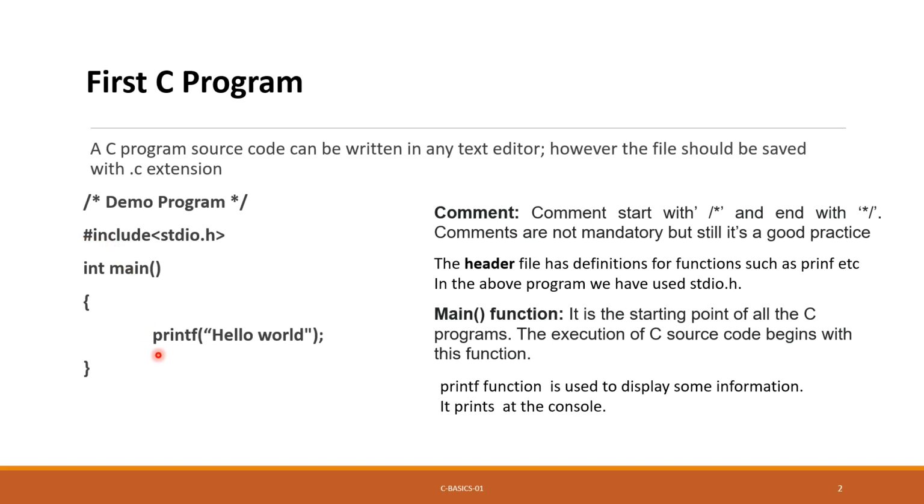I need to display some message on my computer screen as an output, so I must call a required function, that is, an output function. These functions are called library functions. These library functions are defined in the header file. Before its use, that header file must be included.